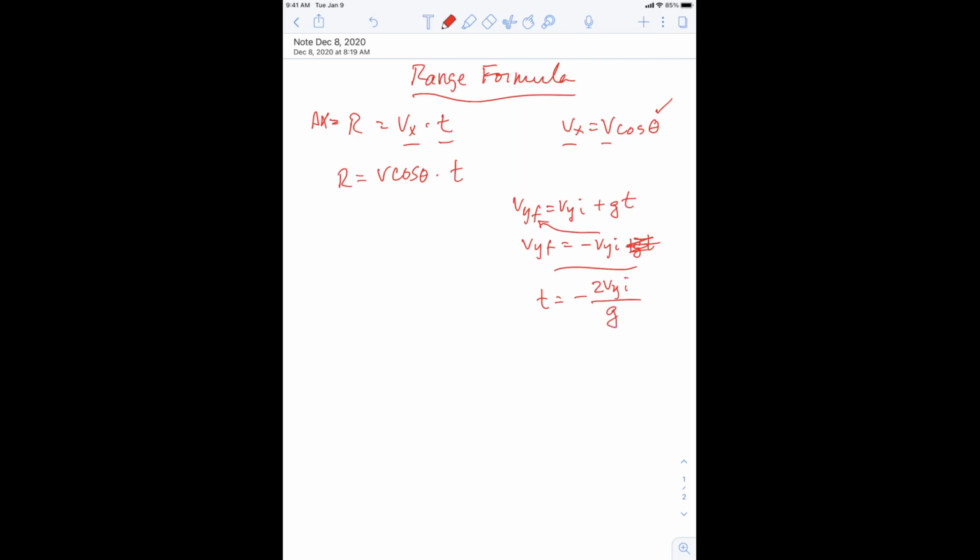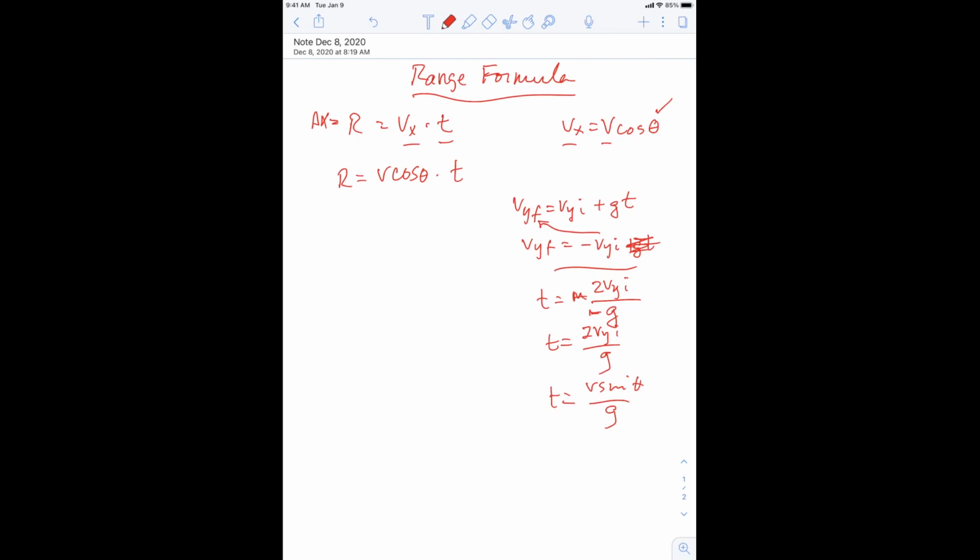Now, since g is going to be a negative number, negative 9.8, I'm going to go ahead and cross out that with that, okay? So that t is equal to 2 vy initial divided by g, but of course vy initial is v sine theta.